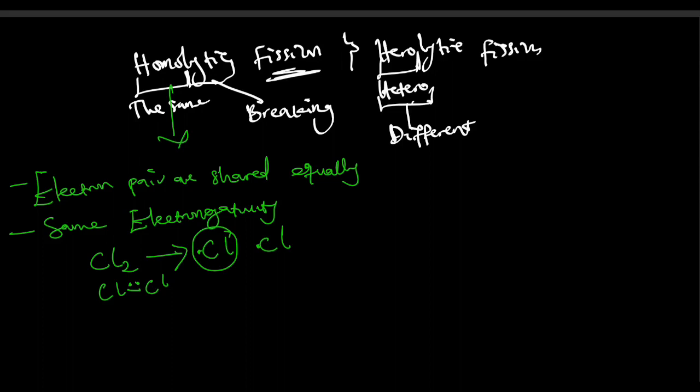This kind of atom, I'll not say an ion, is known as a radical. So homolytic fission is also known as radical fission, because radicals are produced. Chemical reactions involving homolytic fission are known as free radical reactions.